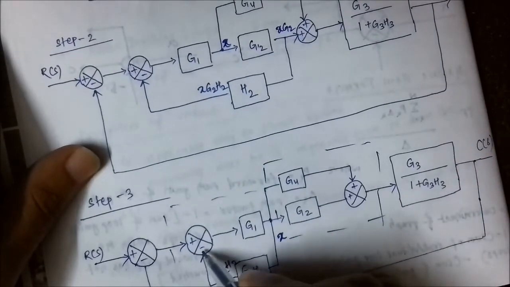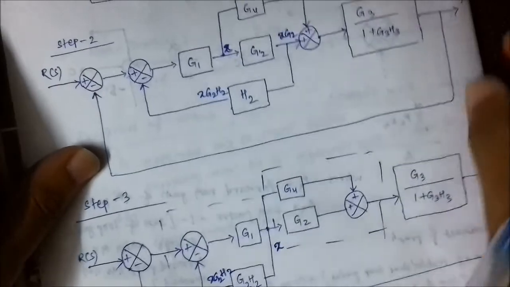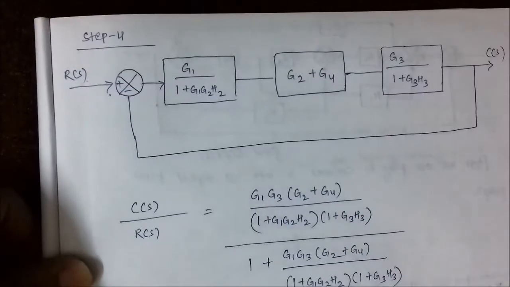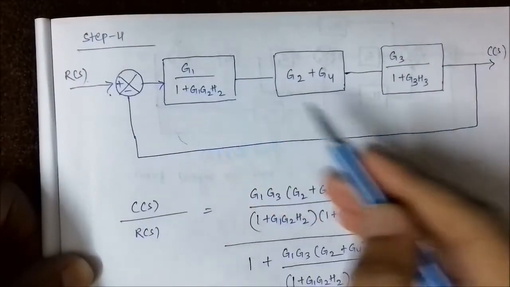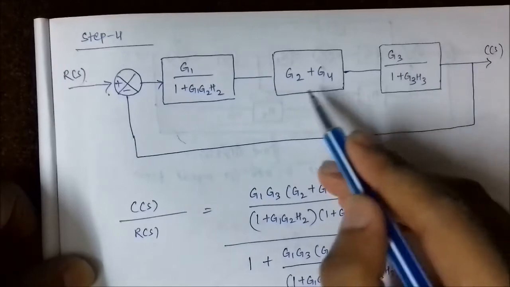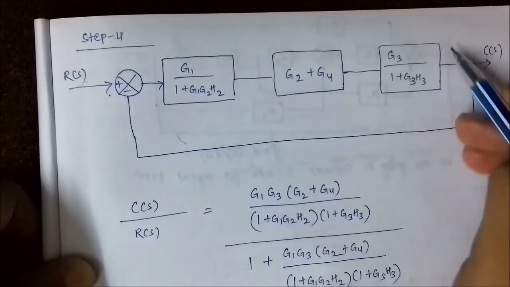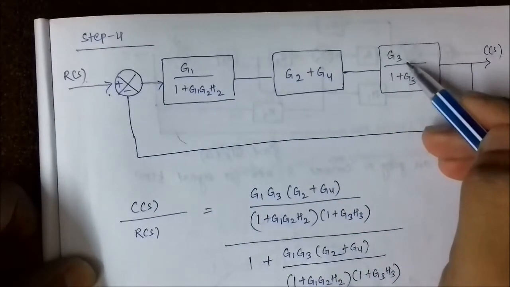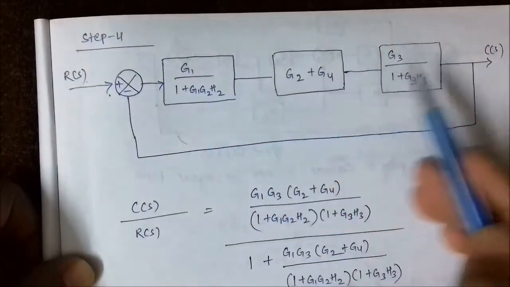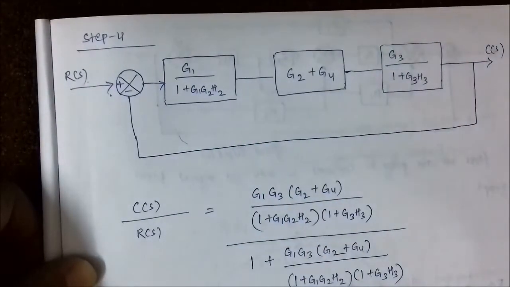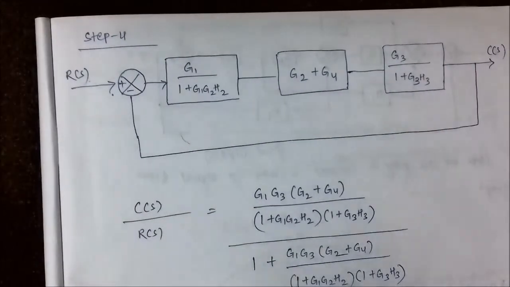As here there is a negative sign, it will be plus in the denominator. As I said, it becomes G1 by 1 plus G1 G2 H2. This becomes G2 plus G4, the forward path elimination, and this was reduced earlier, G3 by 1 plus G3 H3. Now these three blocks are in cascade, the cascade reduction rule.